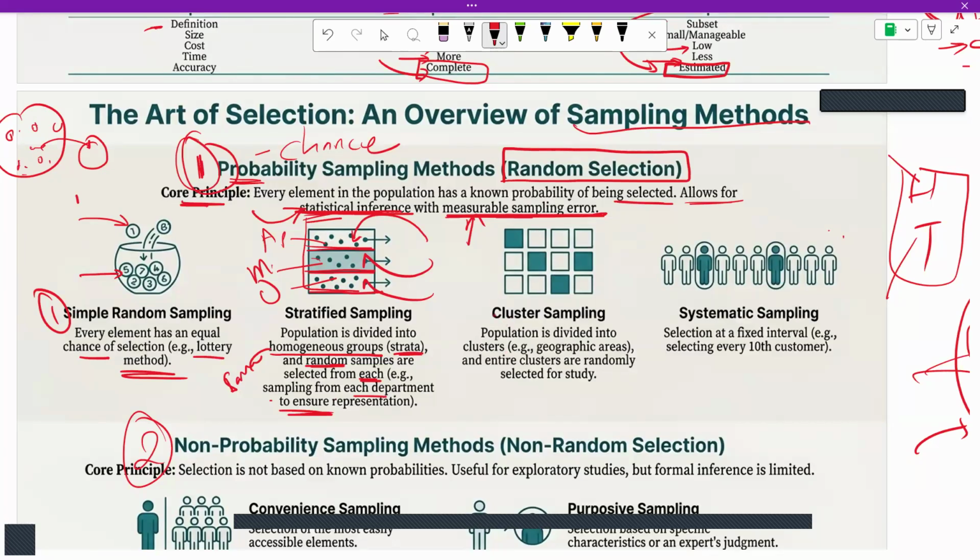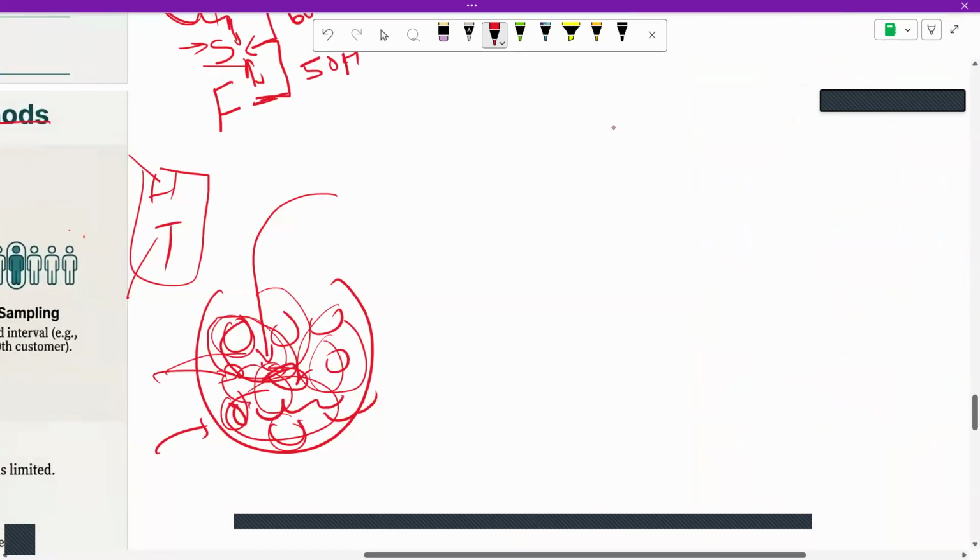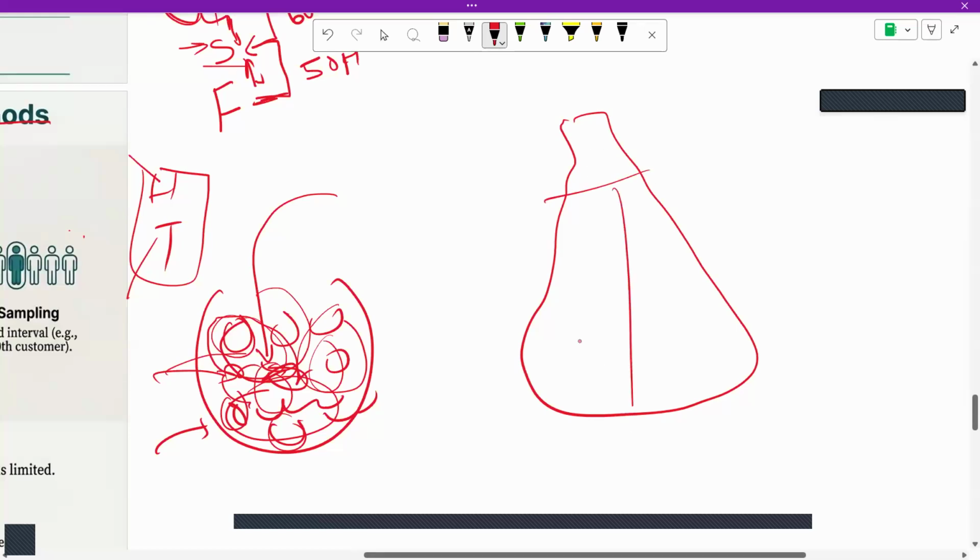Cluster sampling. The population is divided into clusters, for example geographical areas, and entire clusters are randomly selected. In a country, Sri Lanka, there are nine provinces.